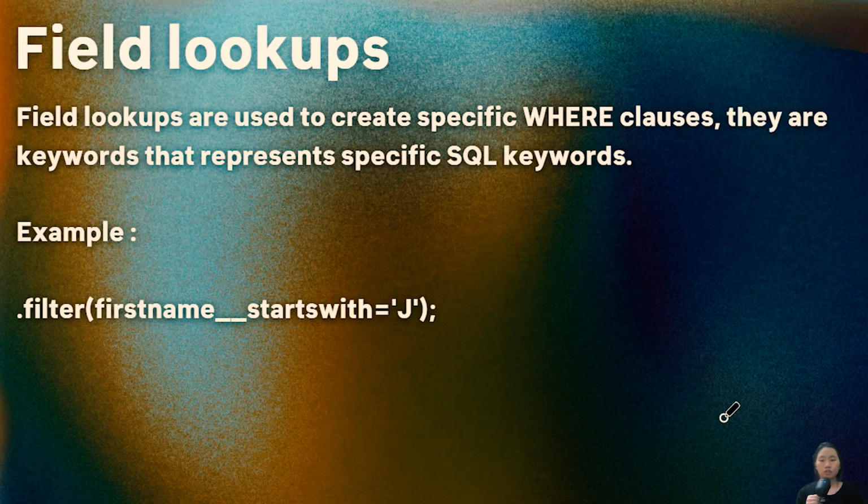Now let's move on to field lookups. They're used to create specific WHERE clauses. They're keywords that represent specific SQL keywords. Now, if this all sounds like mumbo jumbo to you, don't worry. We're just getting to the introductory stage. For example, dot filter, first name starts with J. All right, and I just want to add a little bit of context.